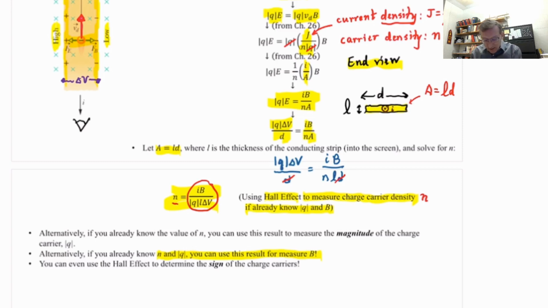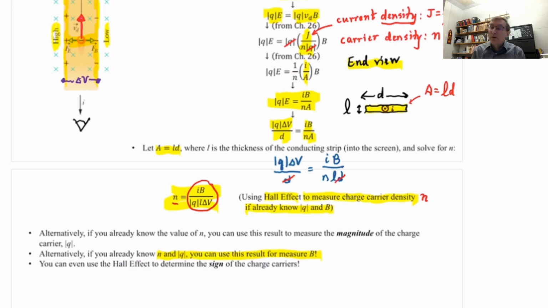And that, in fact, is probably the most common use of the Hall effect in modern times. Use it with a strip of conducting material for which you already know N and Q, and use it to measure B.